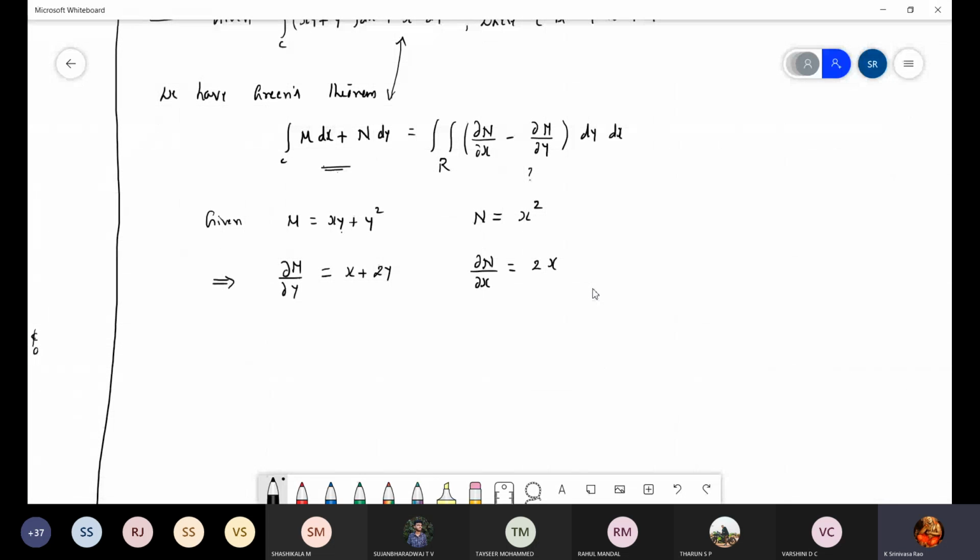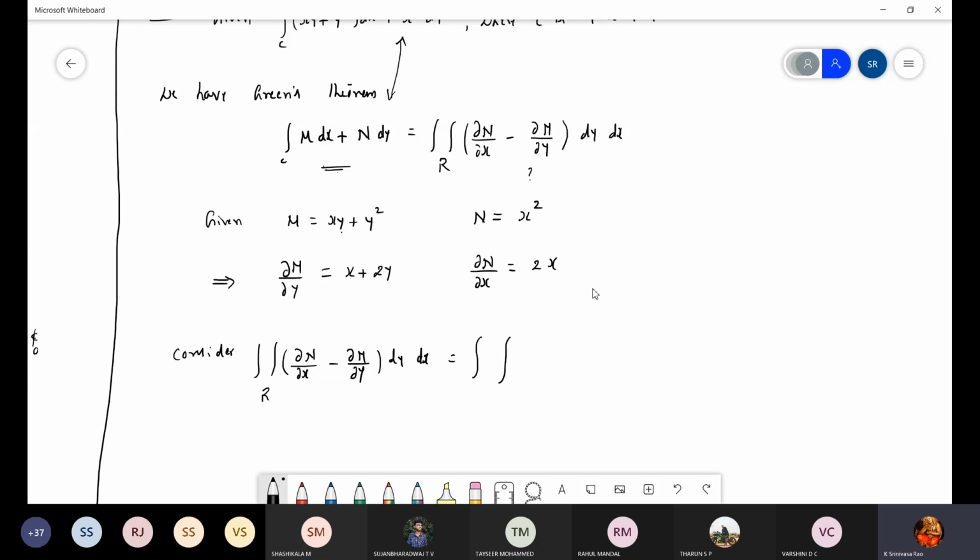Consider the double integral over r of dou n by dou x minus dou m by dou y dy dx, which equals the double integral.